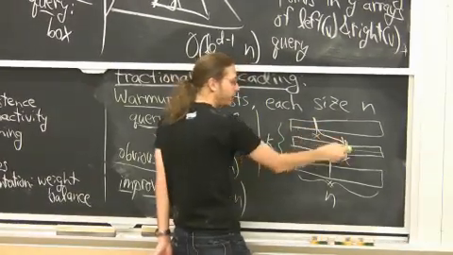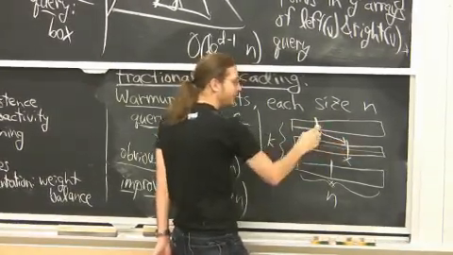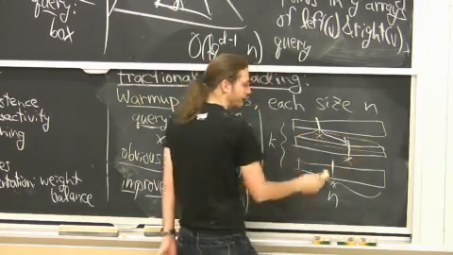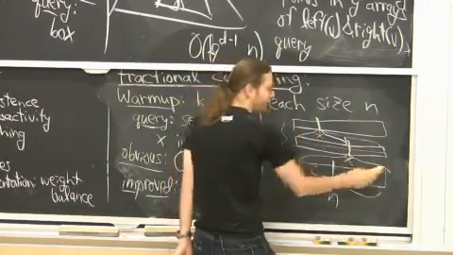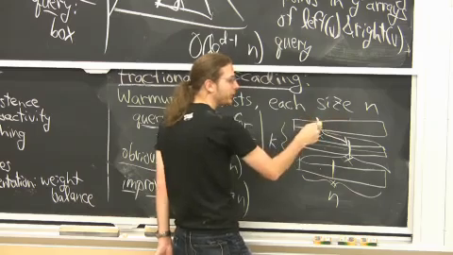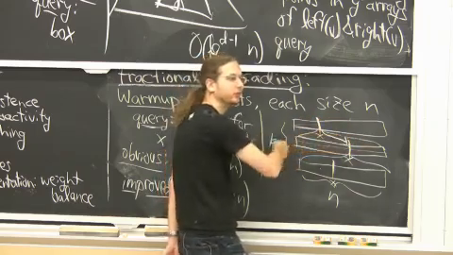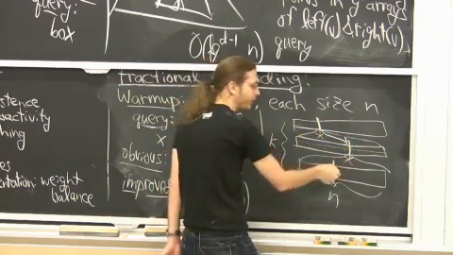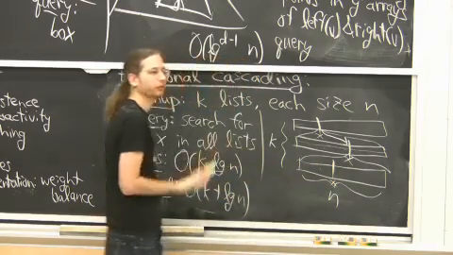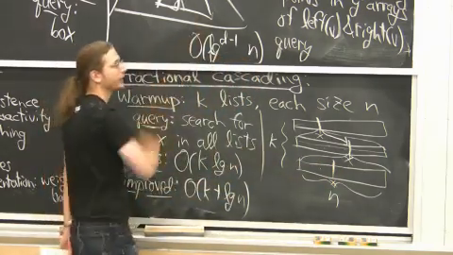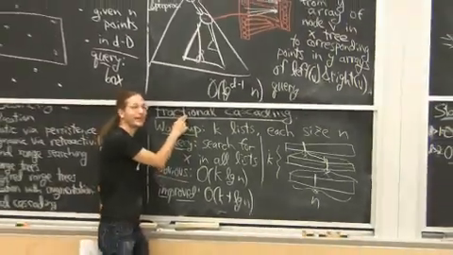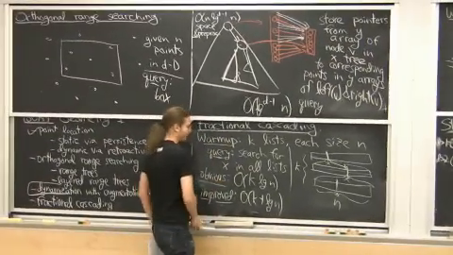So how do I know where to go in this giant list? If these all fit in here, and recursively these all fit in here, then by searching up here, I learn nothing about where x fits in here. I have to do another search, and then I learn nothing about where x fits in here. So it doesn't work straight up. But if we combine this idea with fractional cascading, then we can do it.